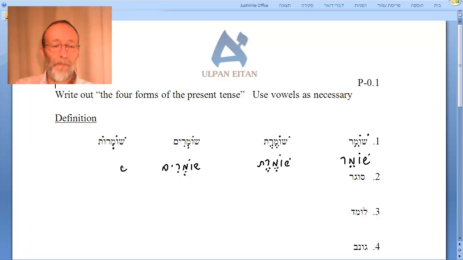Now, what are you looking at? Well, like it says at the top of the page, you're looking at the 4 forms of the present tense.